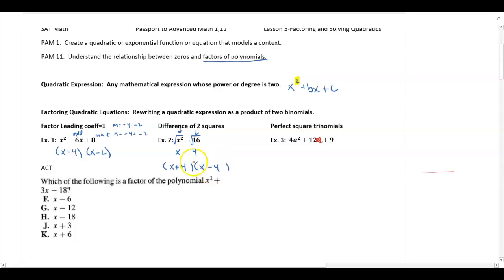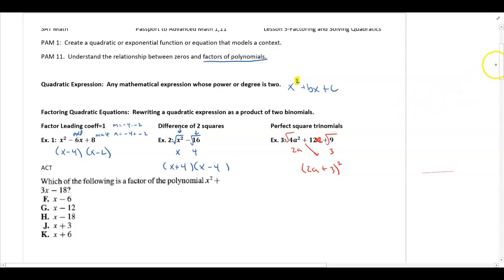It could be, but what I would always check for first is, can I take the square root of the first and last term? Is this a perfect square? Yes. Is this a perfect square? Yes. So right away, I know that this would be 2a plus 3 all squared. 9 times out of 10, anything that has the first term is a perfect square and the last, it would work out this way.